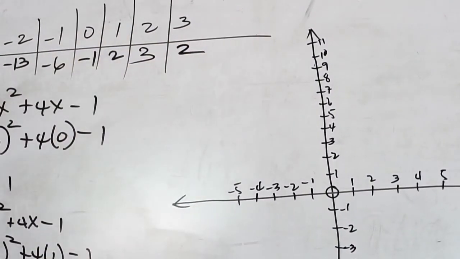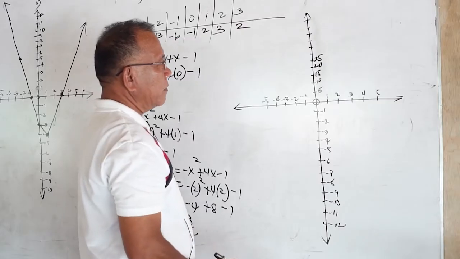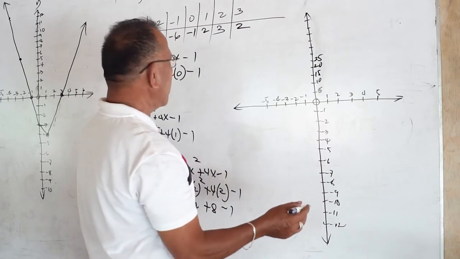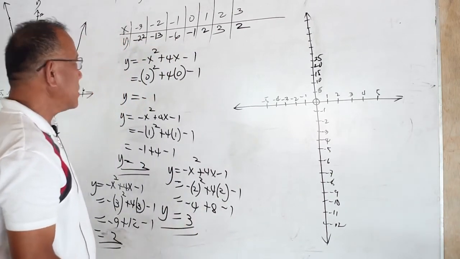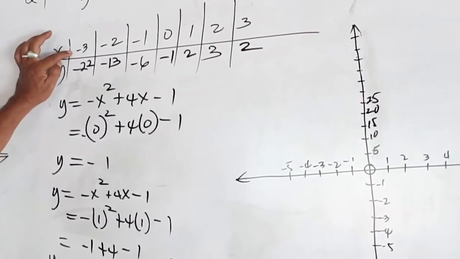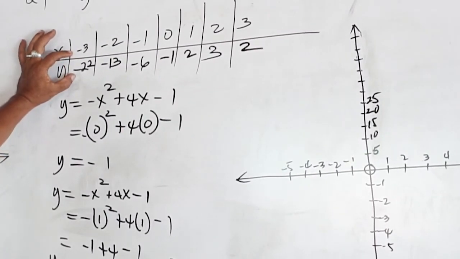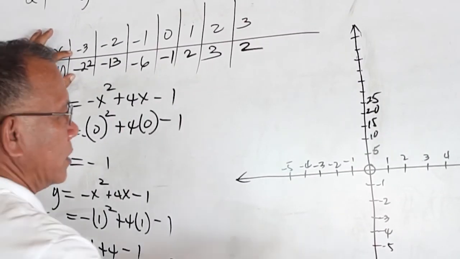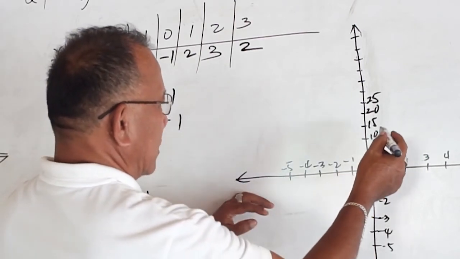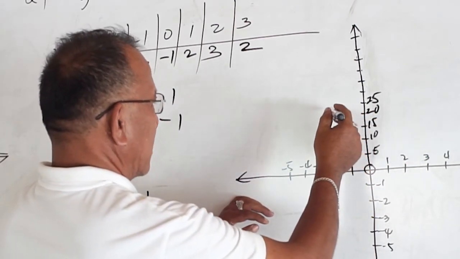Okay, after completing the table, next you have to plot the points based on the ordered pairs. We have negative 3 and negative 22. The point is located here.